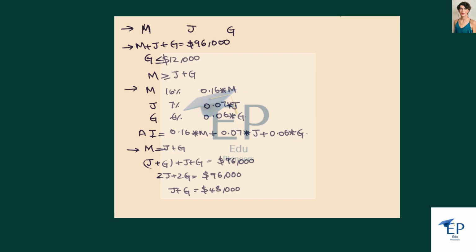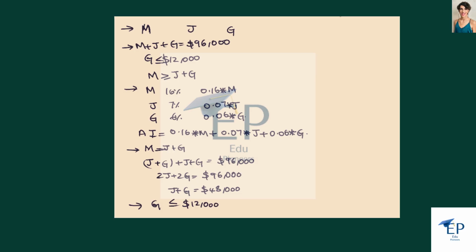$48,000. Now since we want to invest no more than $12,000 in G, we can write it as G is less than or equal to $12,000.